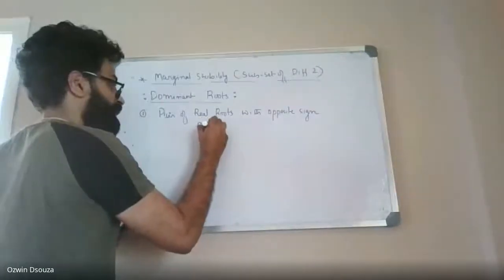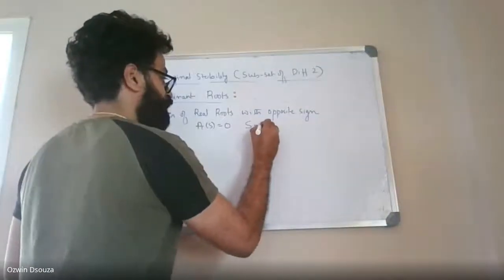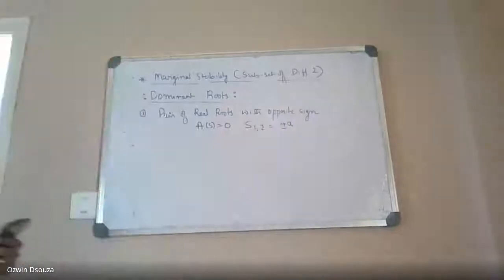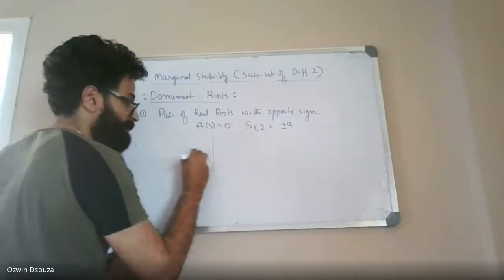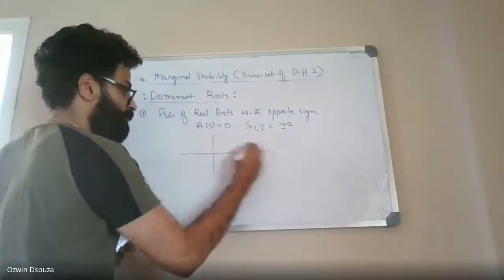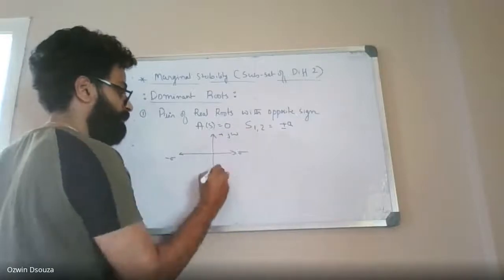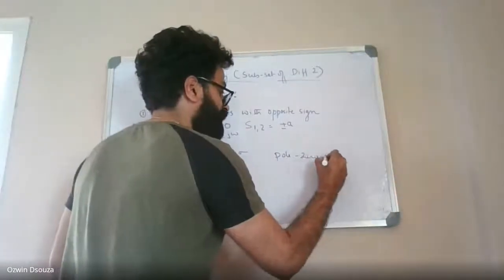Let's say we equate A of s equal to 0 and we get s1, 2 as plus or minus a. Plus or minus a means you can draw the pole zero plot: plus sigma, minus sigma, plus j omega, minus j omega. This is your pole zero plot.